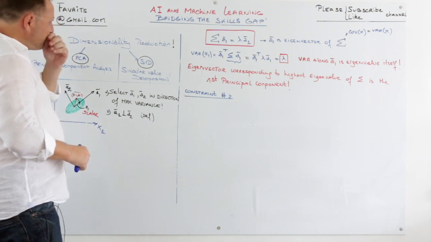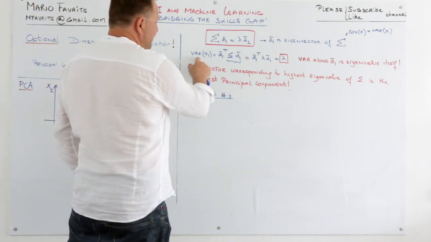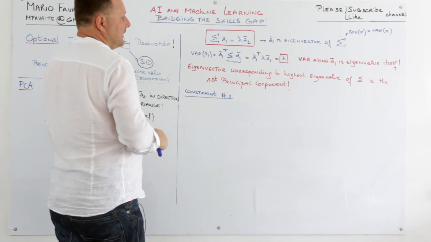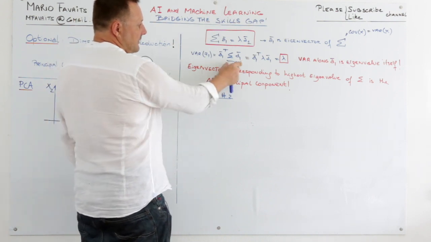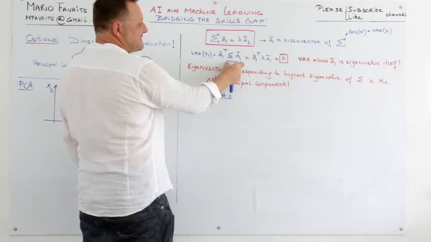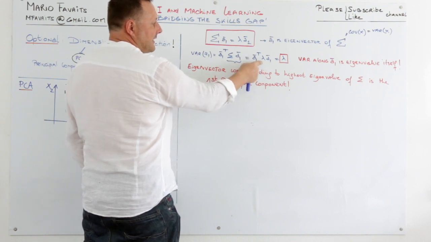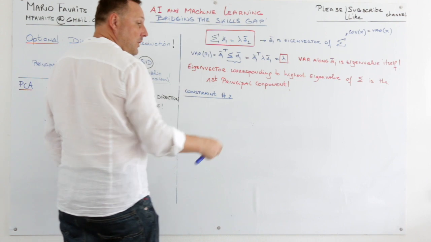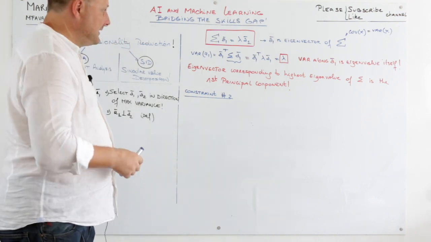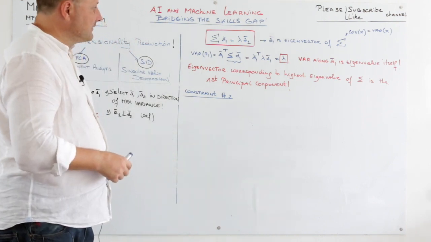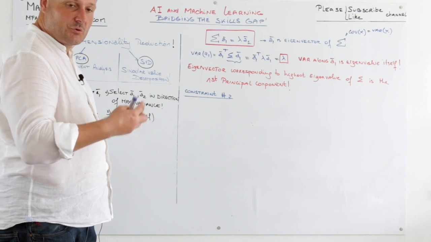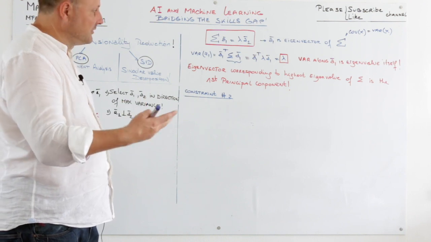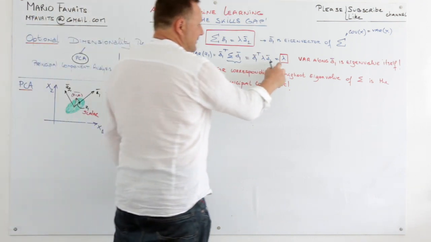So we substitute now in the variance of Z1, we substitute the covariance X times A1 by lambda A1, and the outcome is lambda because A1 transpose times A1 again is the size of the vector A squared, but it's a unit vector, so 1 squared equals 1, so you get lambda.